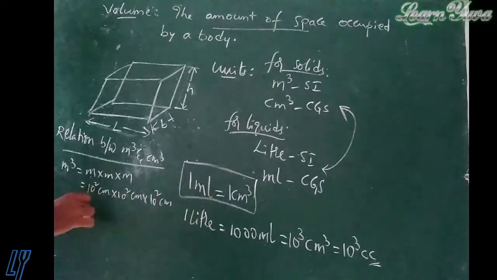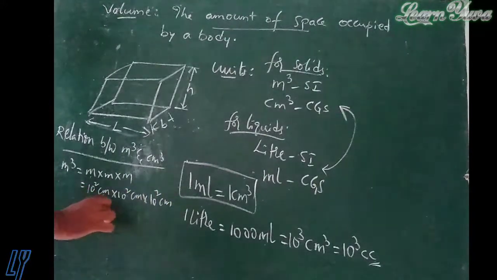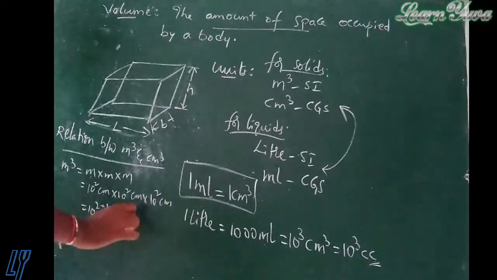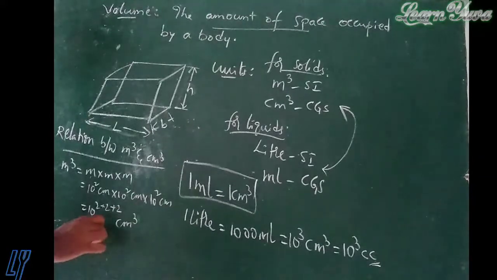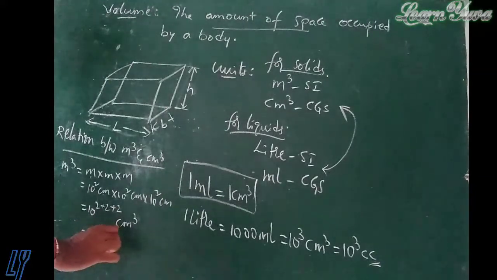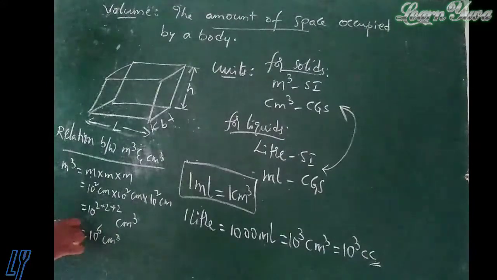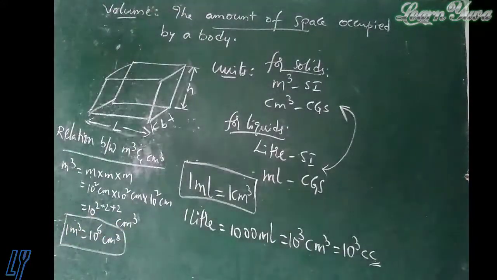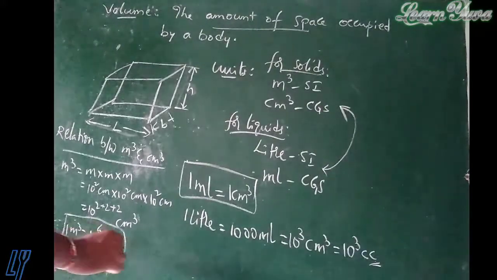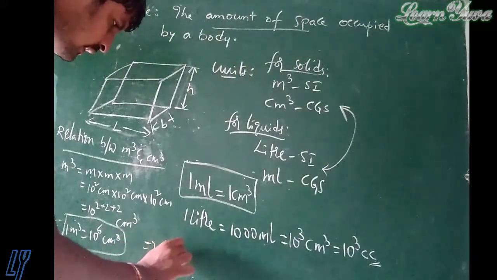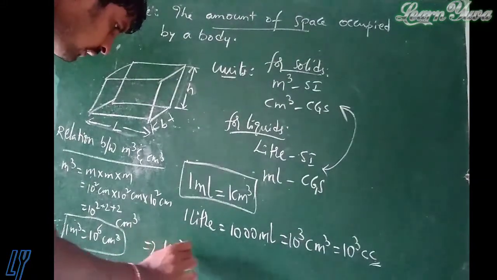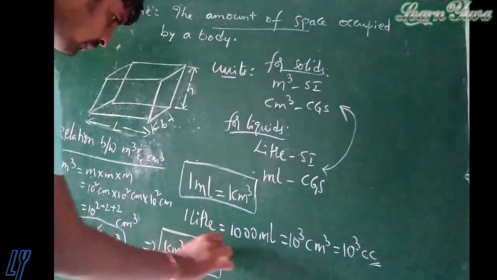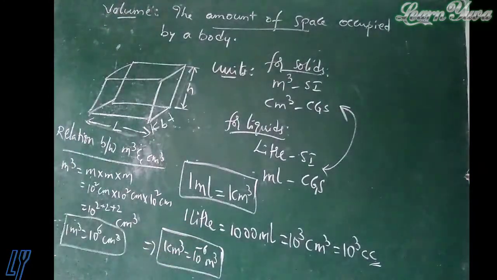When the bases are the same, the powers are added: 10 power 2 plus 2 plus 2, and centimeter into centimeter into centimeter means centimeter cube. So 1 meter cube is equal to 10 power 6 centimeter cube. In the same way, in reverse, 1 centimeter cube is equal to 10 power minus 6 meter cube.